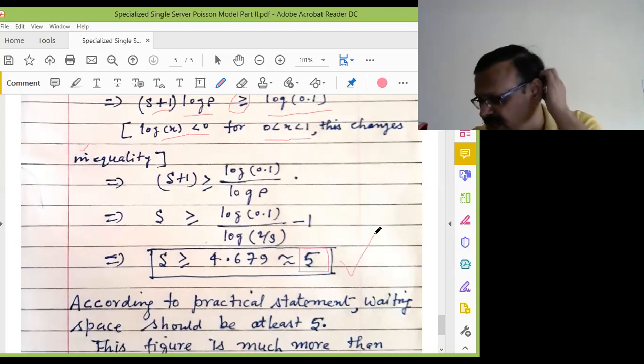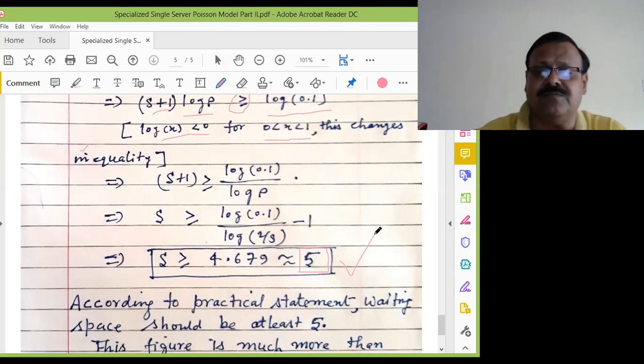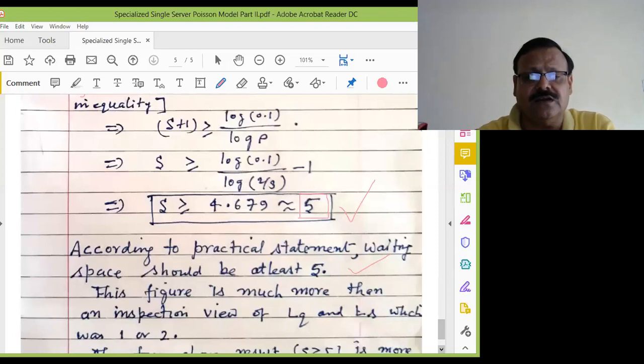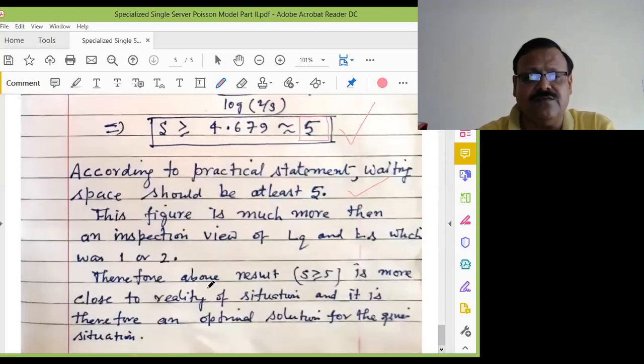So this is a technical problem which can be approached with the help of queuing theory, the particular model M/M/1/GD/infinity/infinity. From both ways we can come to the conclusion that this figure is much more than the inspection view of LQ and LS, which was 1 or 2.